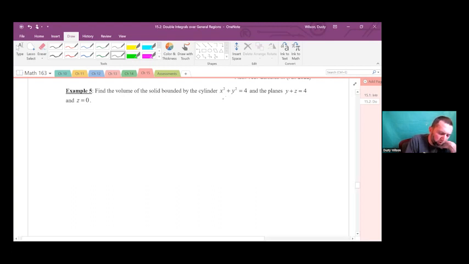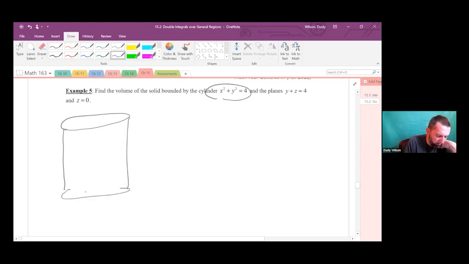x squared plus y squared equals 4 is a cylinder, and it would be a vertical cylinder looking something like this. We don't have our axes in place yet, but the z-axis would run right through the center of the cylinder. And y plus z equals 4 is going to be a plane.